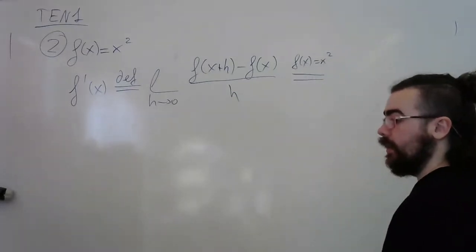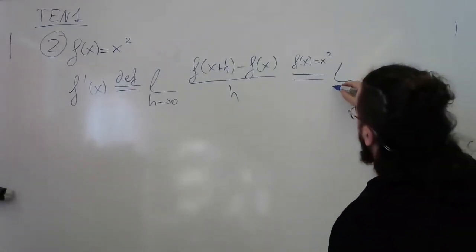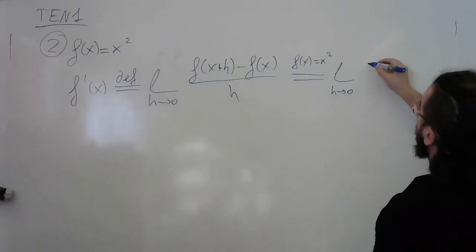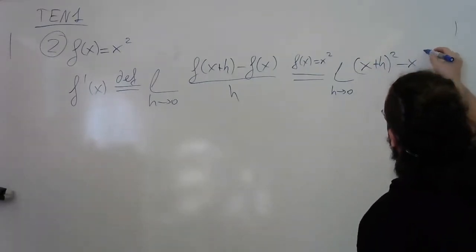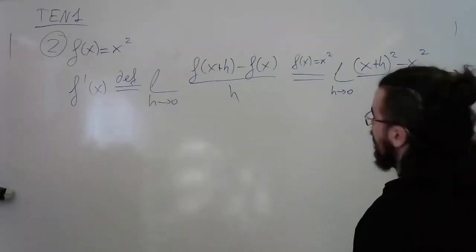We apply our function here. We have the limit when h tends to 0 of x plus h squared minus x squared divided by h.